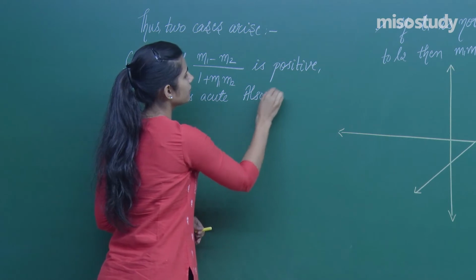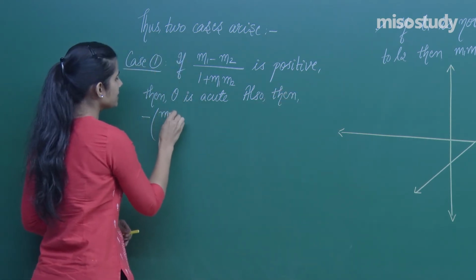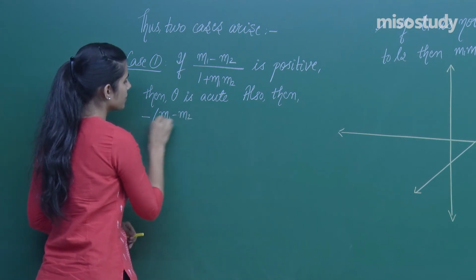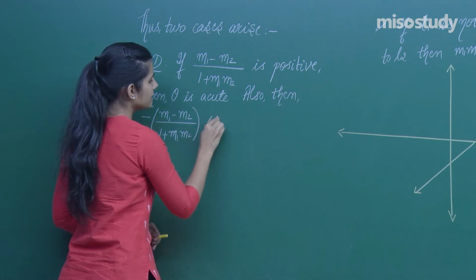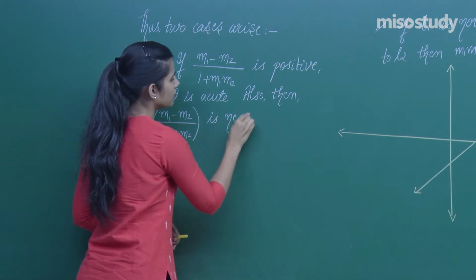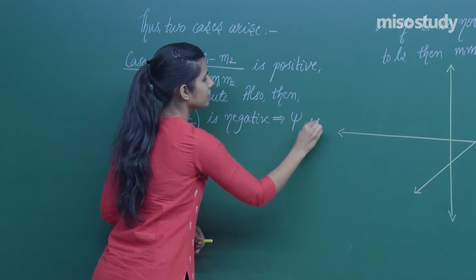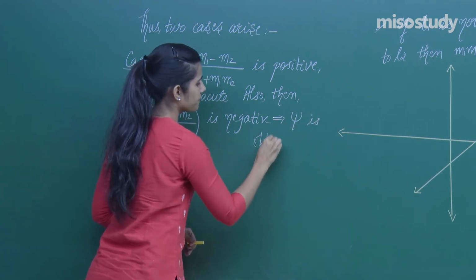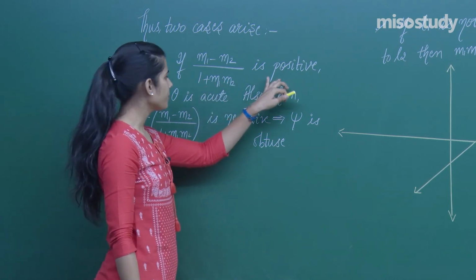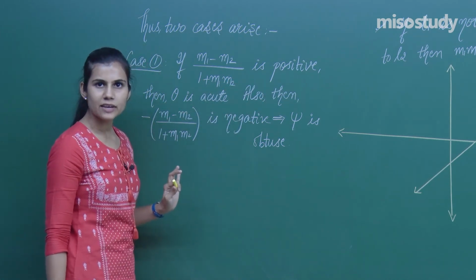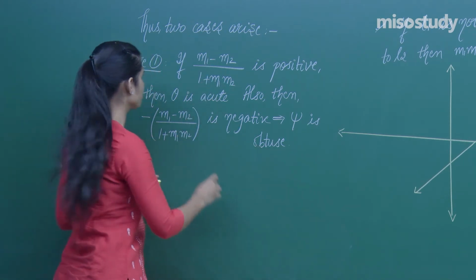Also then, minus of (m1 minus m2) upon (1 plus m1 m2) is negative, which implies xi is obtuse. Okay, so if this quantity comes out to be positive, theta is the acute angle between L1 and L2, and in that case xi will be the obtuse angle between L1 and L2.